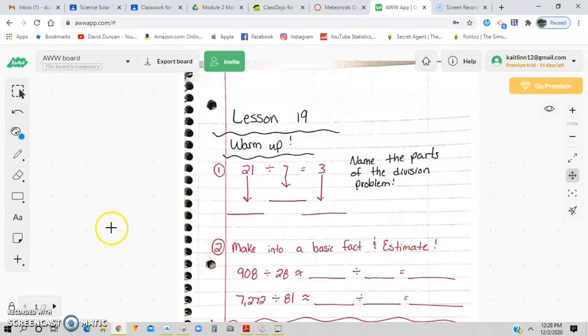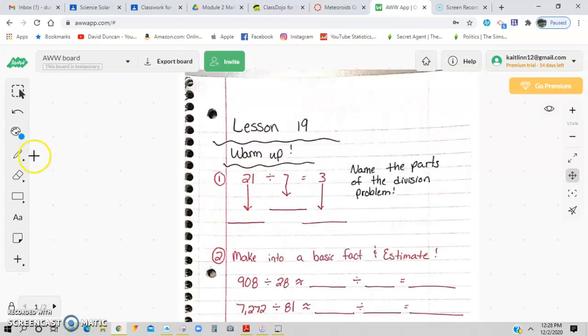All right, now that you guys have had the chance to work on that, I'm going to go through all of our answers. So the first one is 21 divided by 7 equals 3. The first number in our division problem is called a dividend. Oops, I got to put my marker on there. The reason I remember that is it has end in the end of the word, and end is not the end. The end is the beginning.